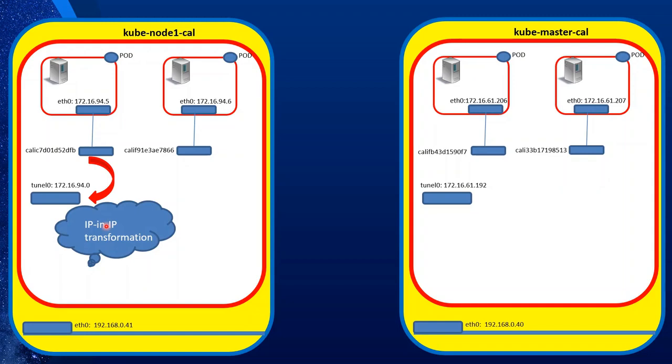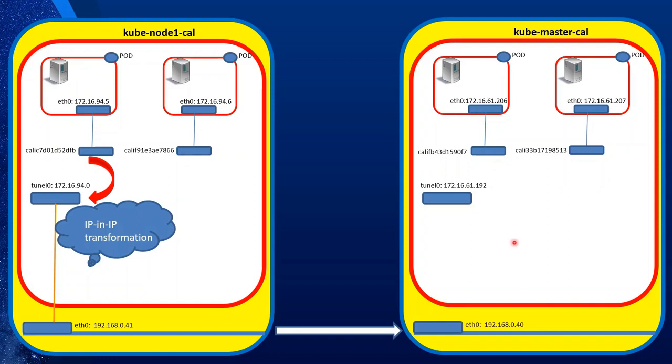Then it uses its own IP address as the source, so it masquerades this IP address, and sends it through this interface of the node. It goes to the other node, and over here it disassembles that IP information, unpacks everything, and sends the information directly to that pod. So this is an overview.